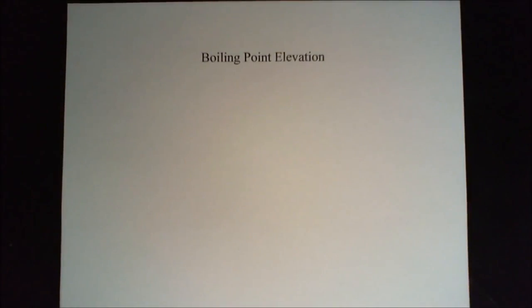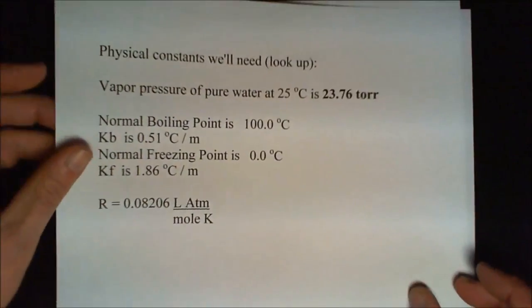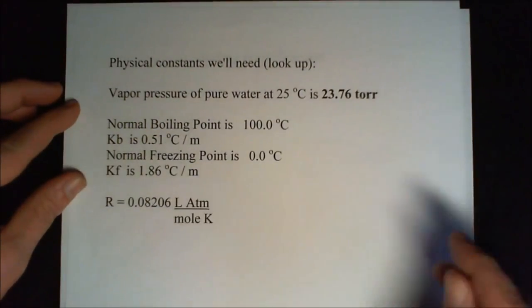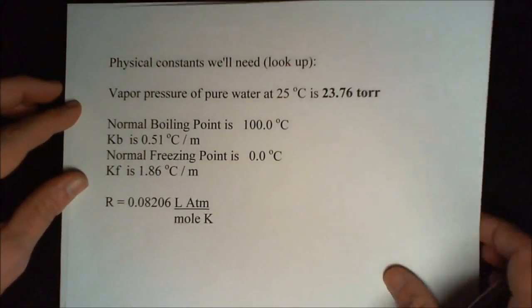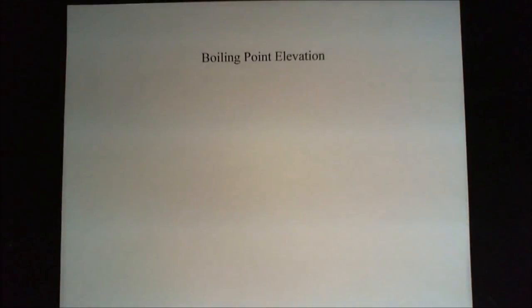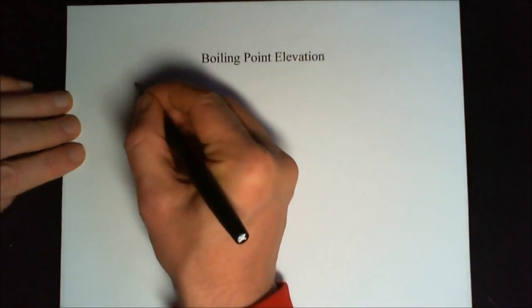Now our boiling point elevation is a very similar calculation, except we have a new constant, and it's K sub B for boiling point elevation. And our boiling point elevation constant was given to us originally. There it is, 0.51 degrees Celsius per molal. And it looks just like this.